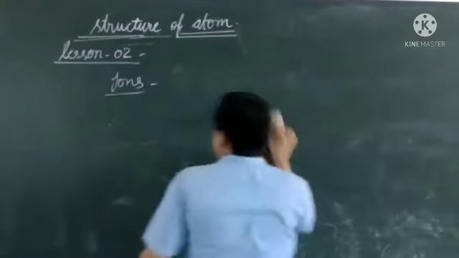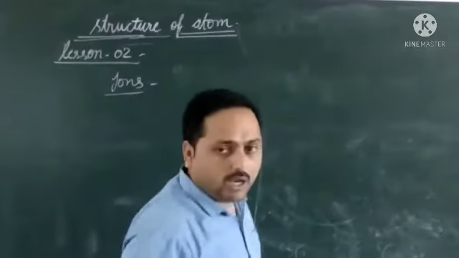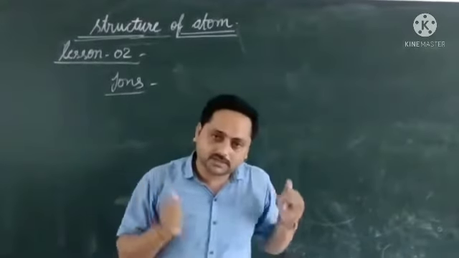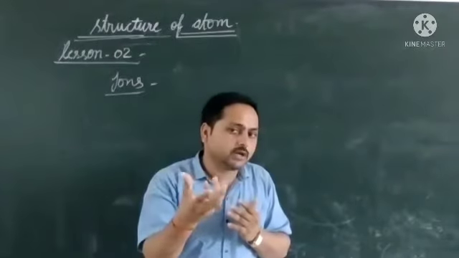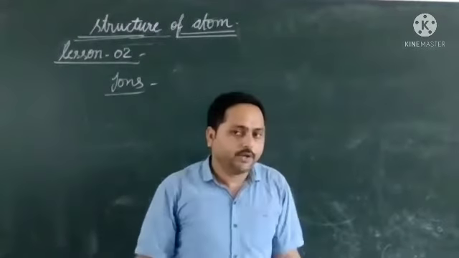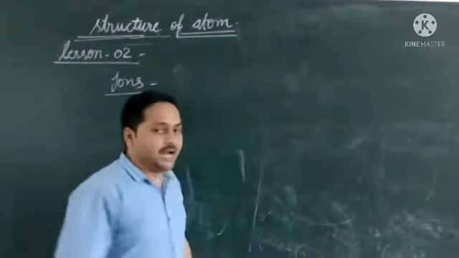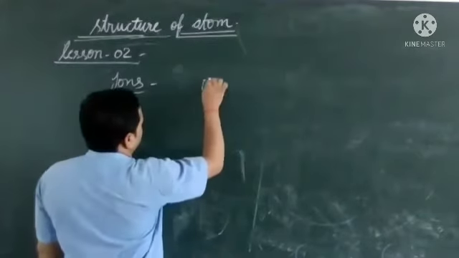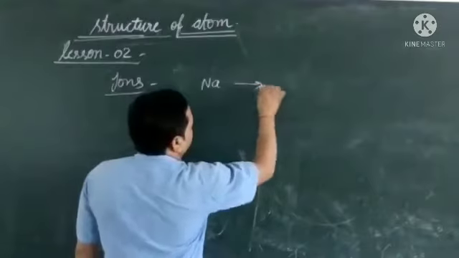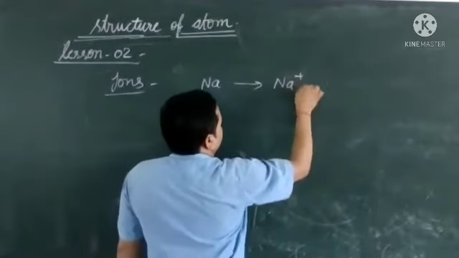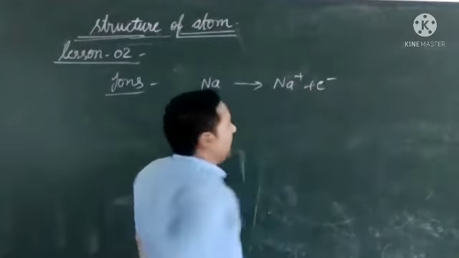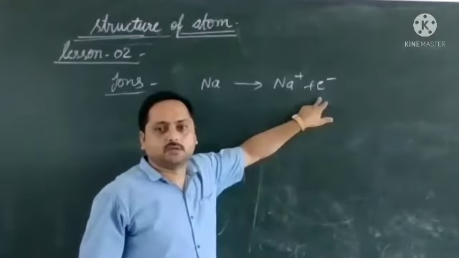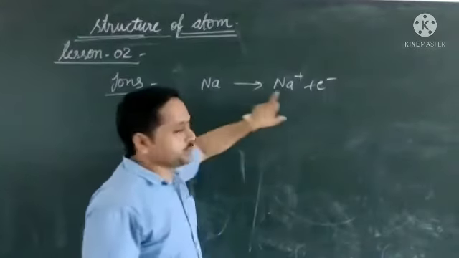And one more point, just notice how ions are formed. That we will discuss here, and then we will write electronic configurations. Okay. So how are ions formed? Let's see. Na here. Sodium has lost one electron.